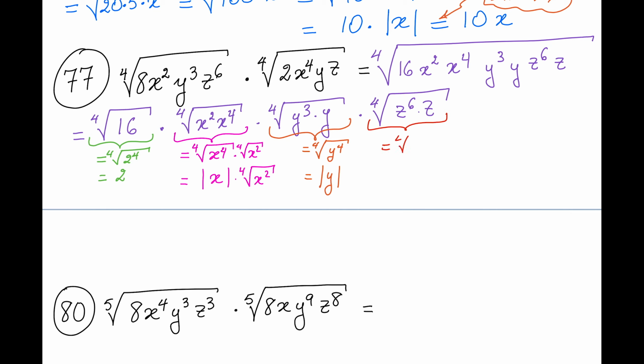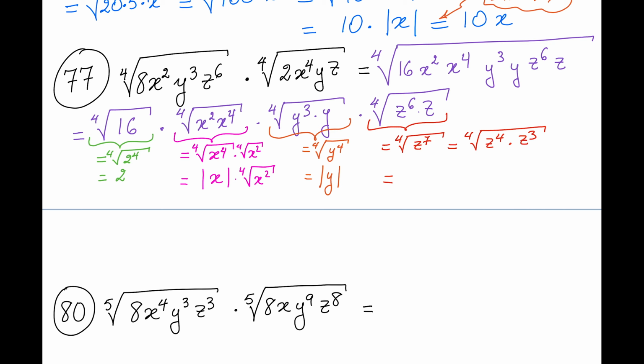This is the fourth root of z to the 7. And what's the largest multiple of 4 in 7? It's 4 itself. So this is then the same as z to the power 4 times z to the power 3. Right? 4 plus 3 is 7. 3 is the remainder if you divide 7 by 4, right? Okay.